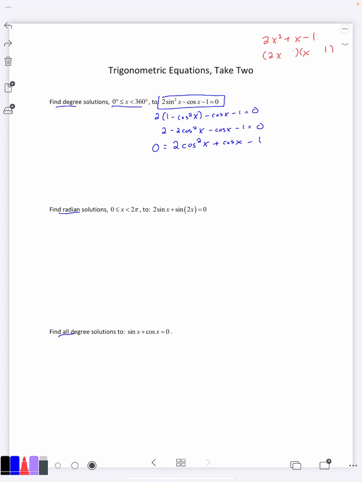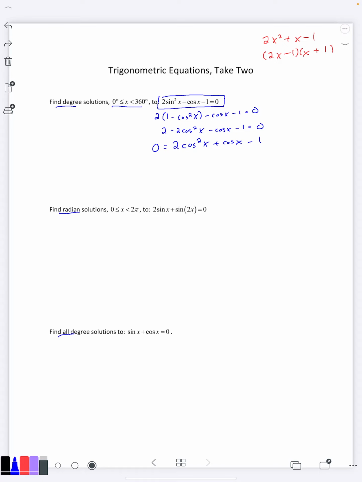And a 1 times a 1 makes a 1, but we need a negative 1, so one of these has to be a plus 1, one of them has to be a negative 1. If you get good at this, you can just know right away, or you can just try 1's plus, 1's minus, and multiply it out and see if it works. In this case, it is going to be 2x minus 1 times x plus 1.